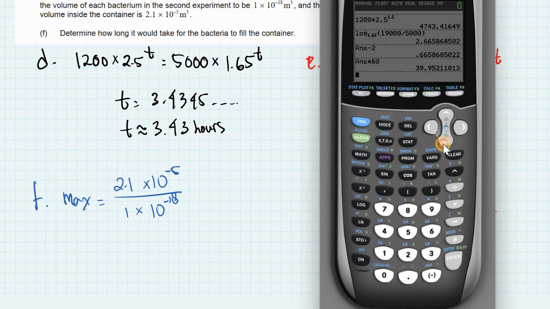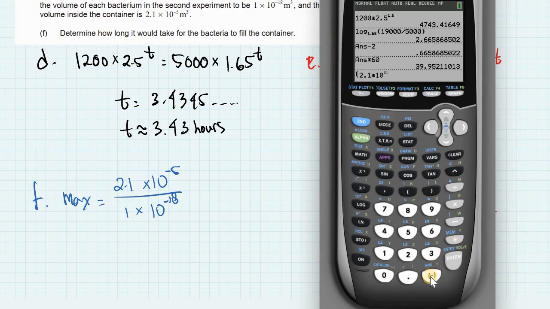We will divide this. So we have 2.1 times 10 to the power of negative 5, in brackets, divided by 10 to the power of negative 18, we just ignore the 1.